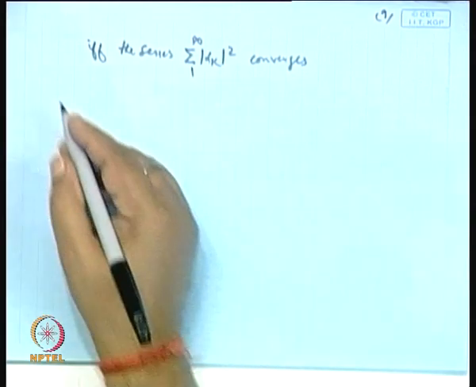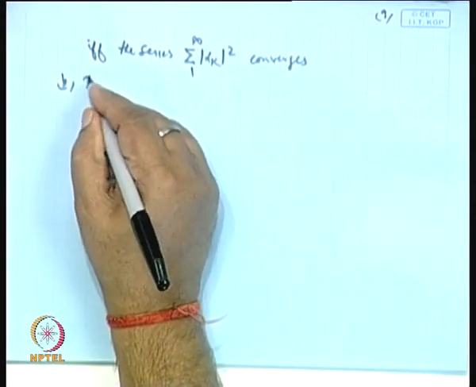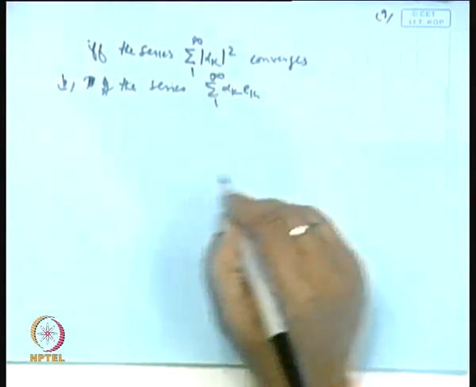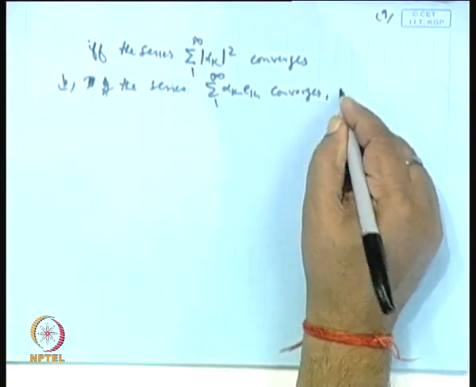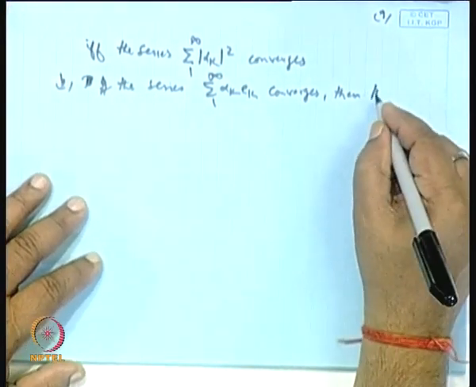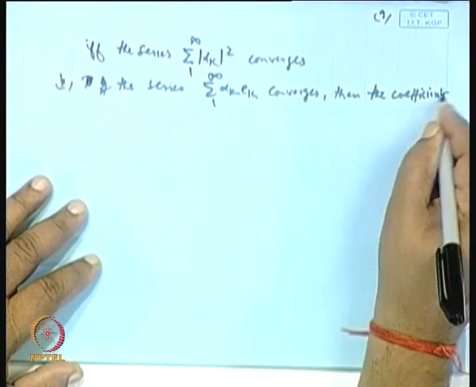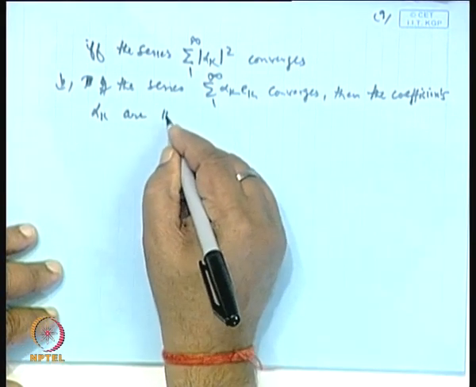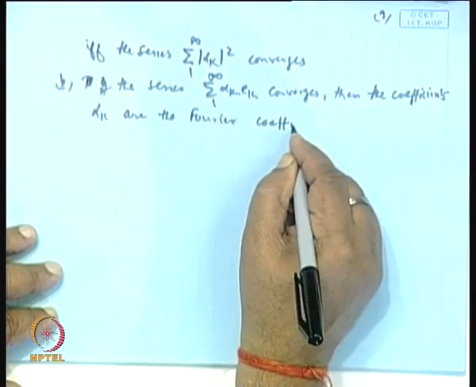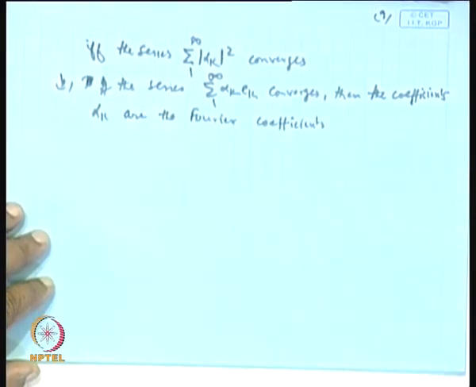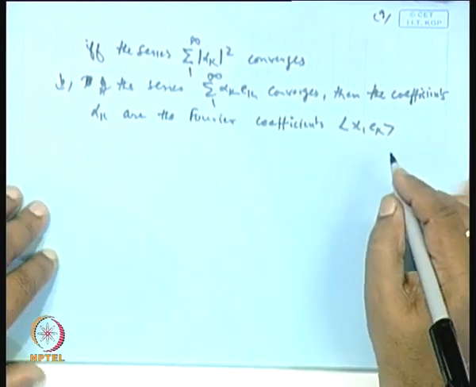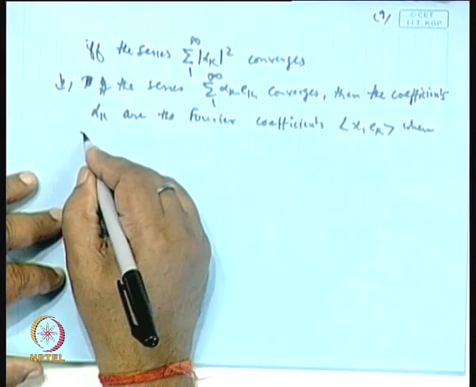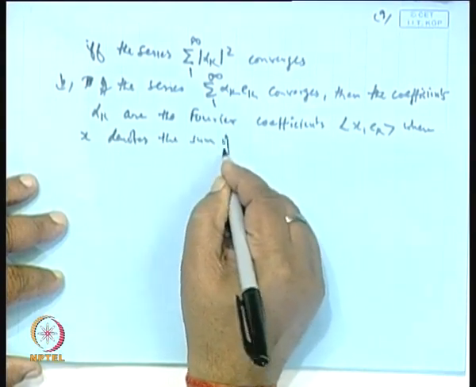That is one. And second one, (b): if the series sigma alpha k e k, 1 to infinity, converges, then the coefficients alpha k are the Fourier coefficients, the inner product of x and e k, where x denotes the sum of this series.